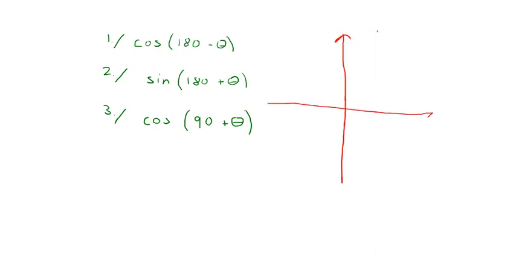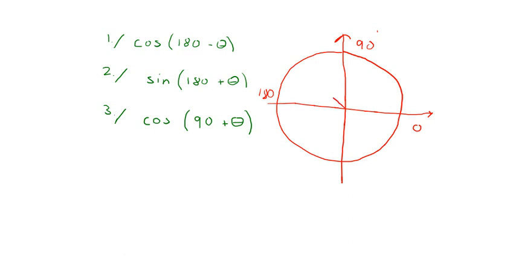So cos of 180 minus theta, I'm basically just asking for this x value here, right? But I know that this is just going to be the same as cos of theta, because if I put a theta here like this, well, there's a theta.